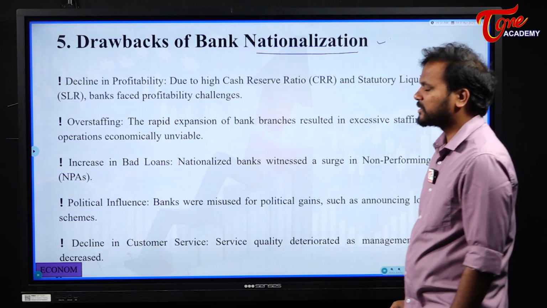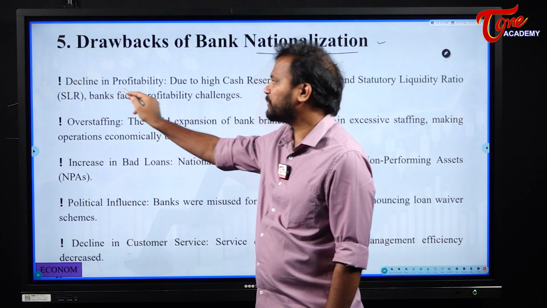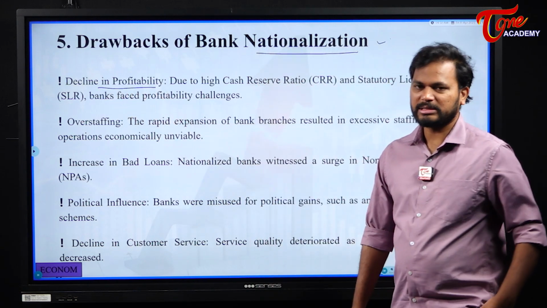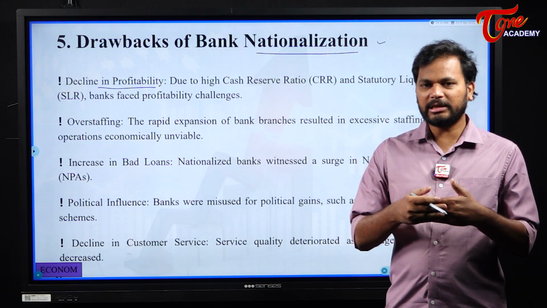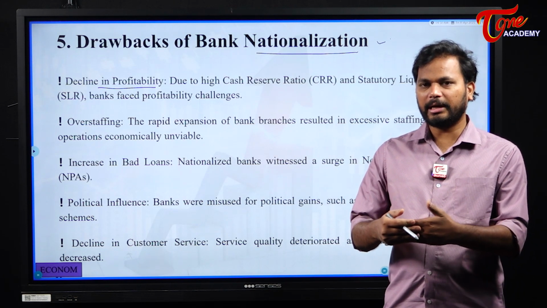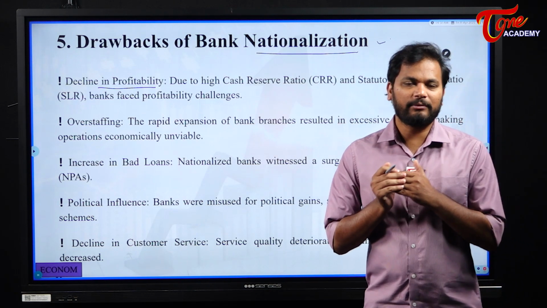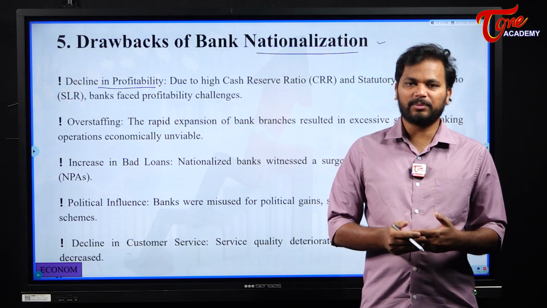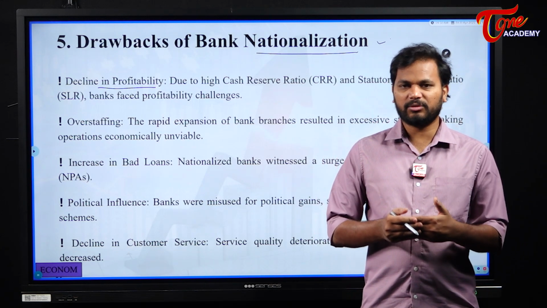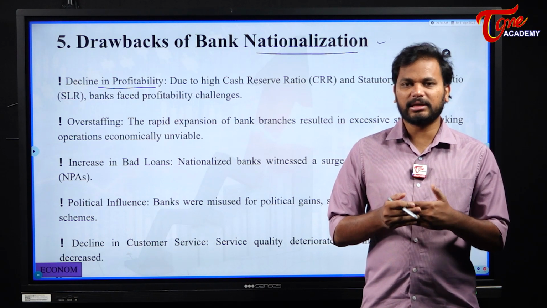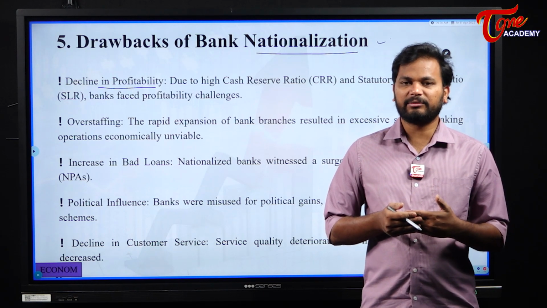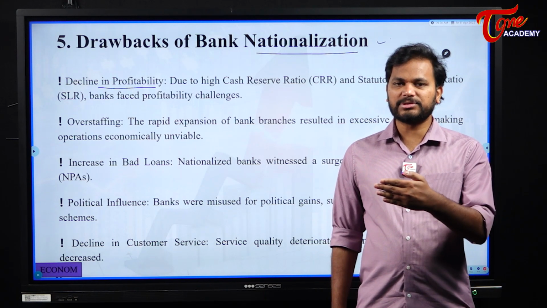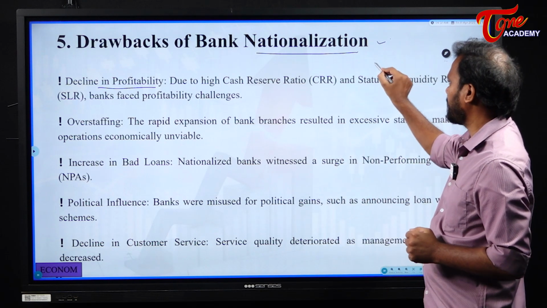The first one is that there is a decrease in profitability, because now the banks need to function according to the guidelines of the RBI. Now, as we discussed in the monetary policy, what are the instruments of the monetary policy? We have the cash reserve ratio, we have the SLR, etc. The banks are forced to meet the reserve requirements.